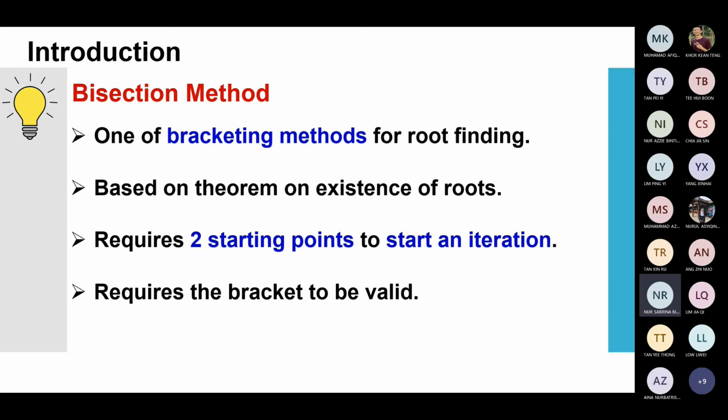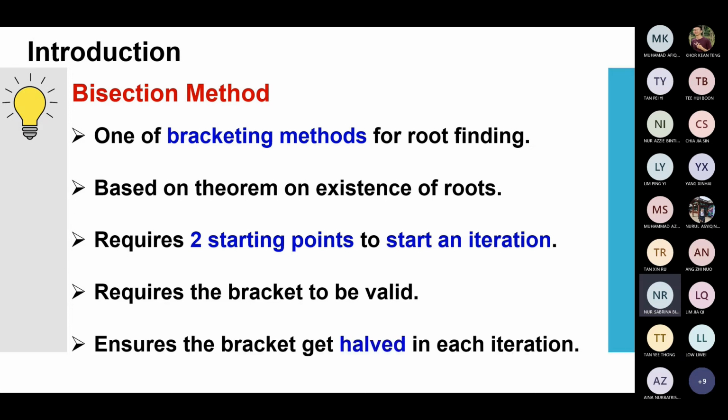It also requires the bracket to be valid. If it is invalid, the process has failed. To fulfill the requirement, the bracket has to be valid, and the bracket must be halved in each iteration.